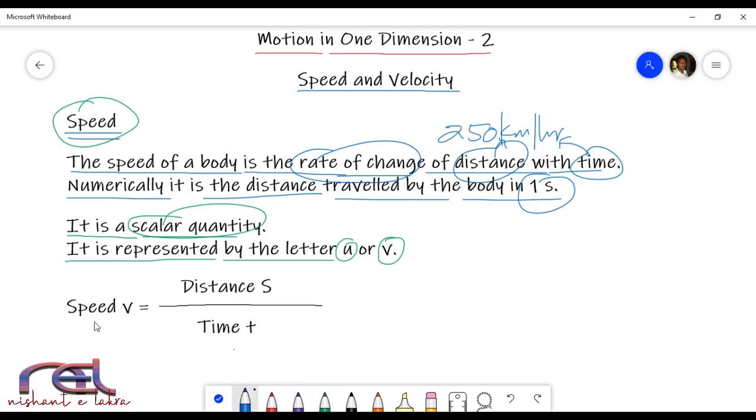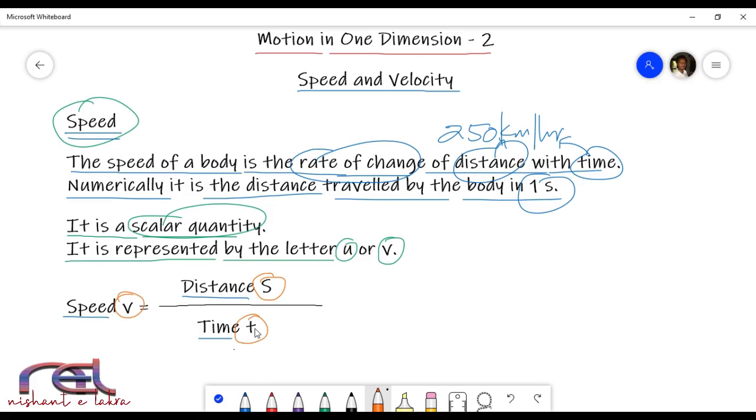And how do we find speed? Probably this is just a revision for you. You have already learned this in your lower classes. Speed is equal to distance by time. Distance is symbolized by capital S and time is symbolized by small t.